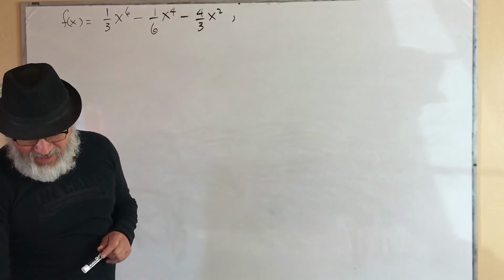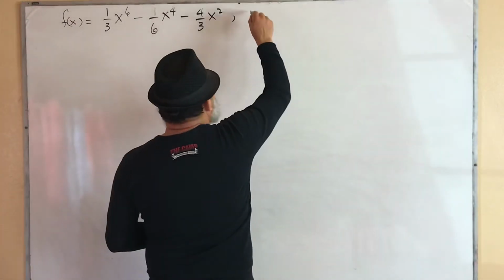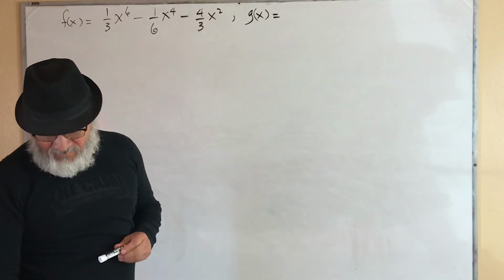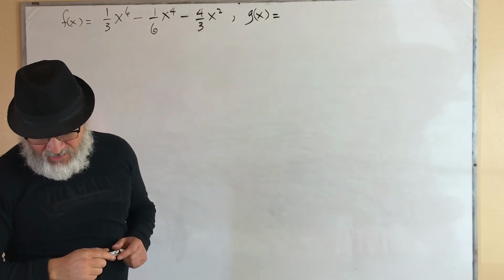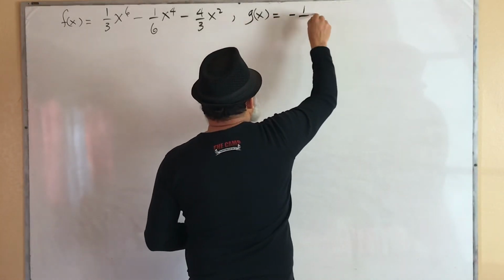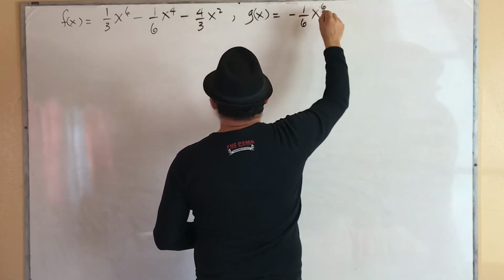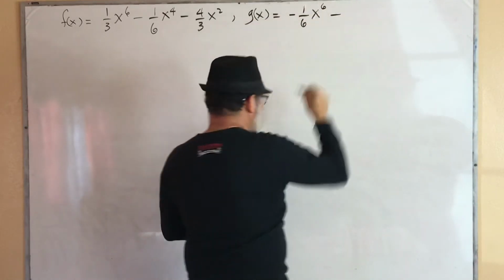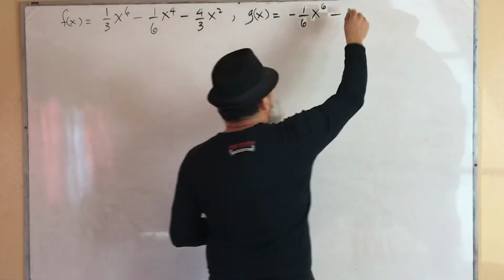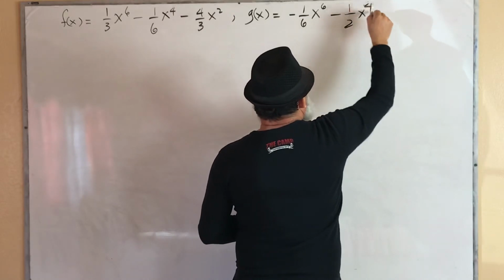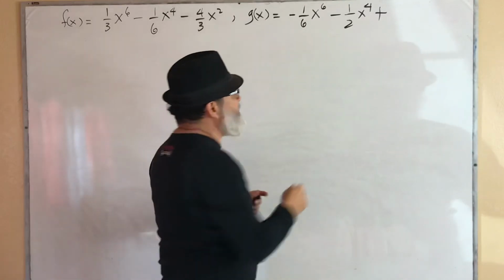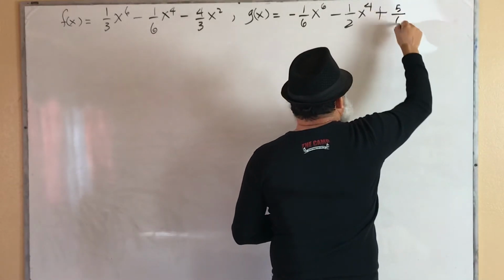And then they say g of x is 1/3 x to the 5th minus 1/6 x to the 6th minus 1/2 x to the 4th plus 5/6 x to the 2nd.